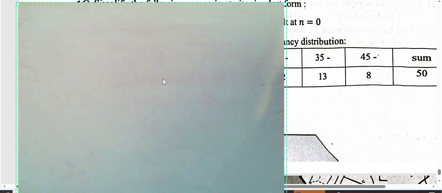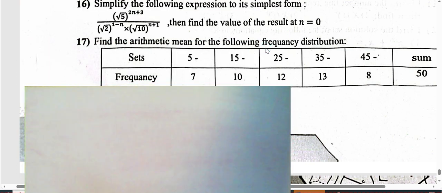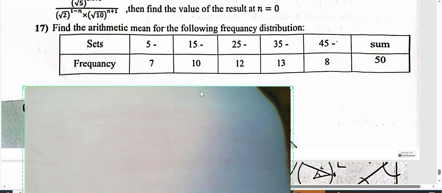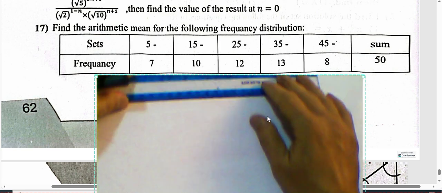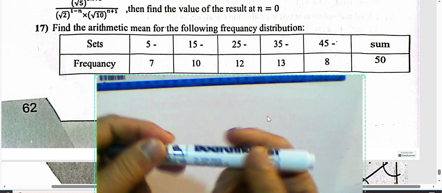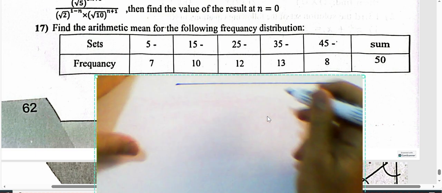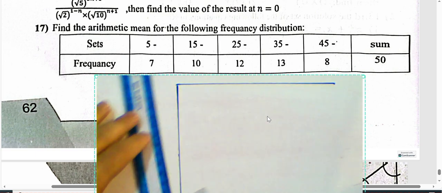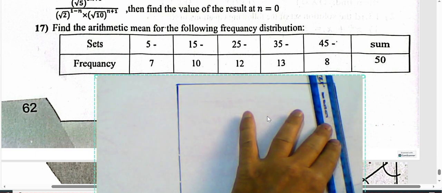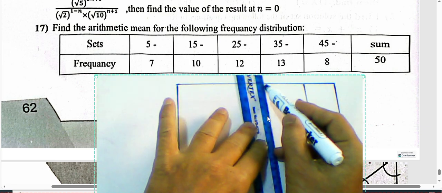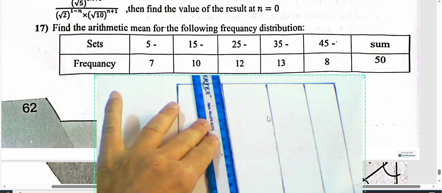Next question. This question here: find the arithmetic mean. We can find the arithmetic mean of this table. There is a table like this, and we divide it into columns 1, 2, 3, 4.